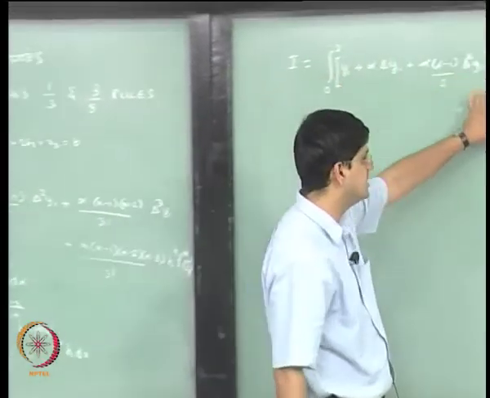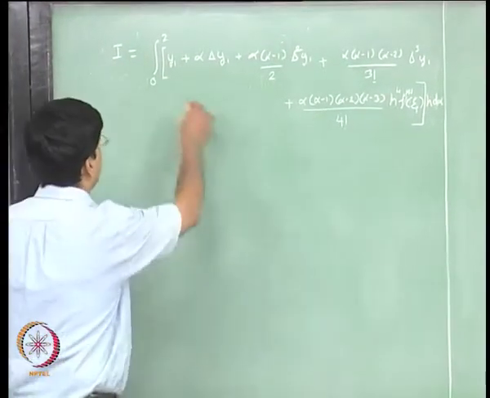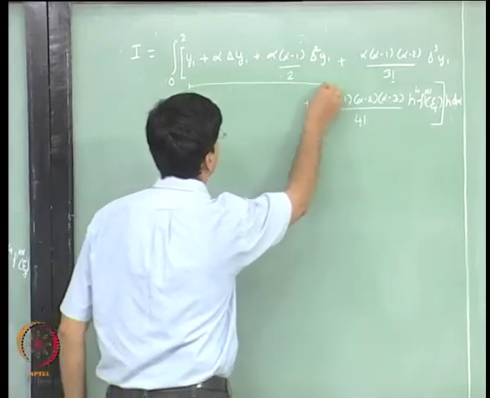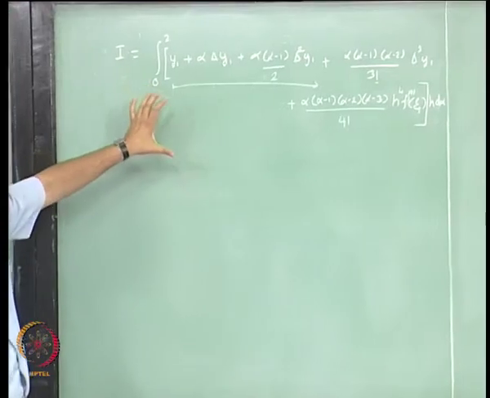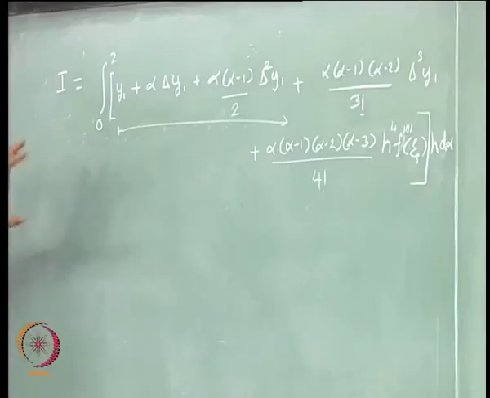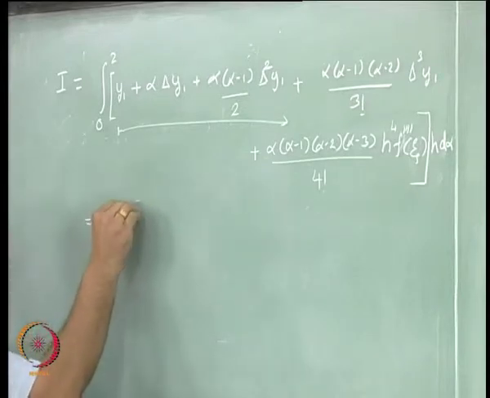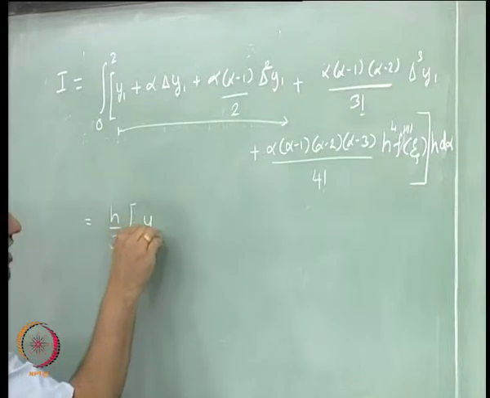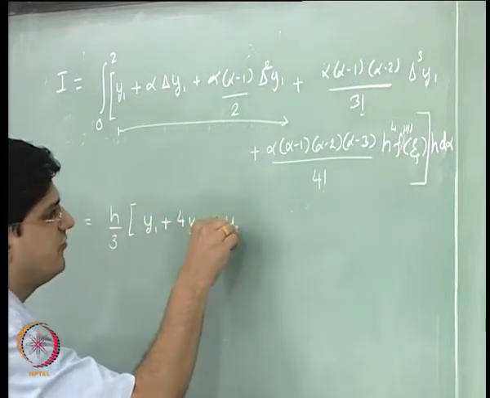Again, this is something that we have done in the previous lecture. In the previous lecture, we had considered all these terms, and based on these terms we had obtained the integral I using the Simpson's 1/3 rule, and that particular result gave us h divided by 3 times y1 plus 4 y2 plus y3.